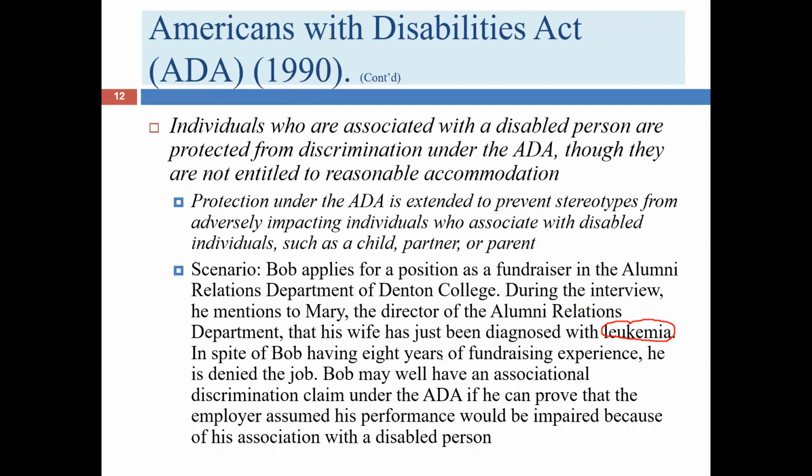If he was denied the job because of his association with his wife, who has a disability, then he could have an associational disability discrimination claim. Now, if he were to have been hired, he wouldn't be entitled to more time off, but he would be protected against discrimination because of his association with his wife.